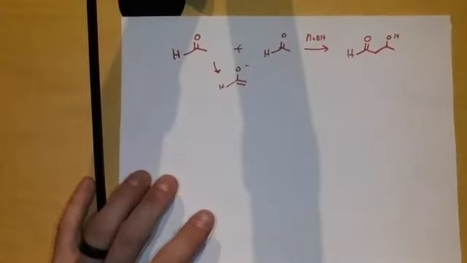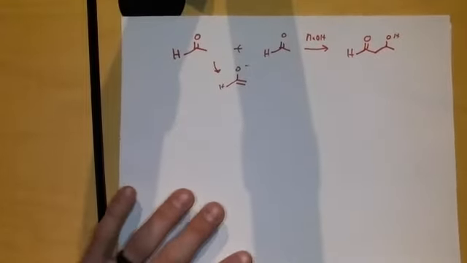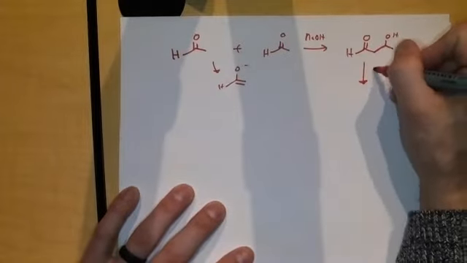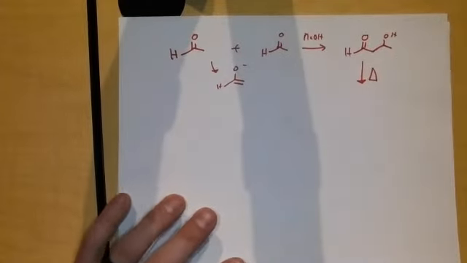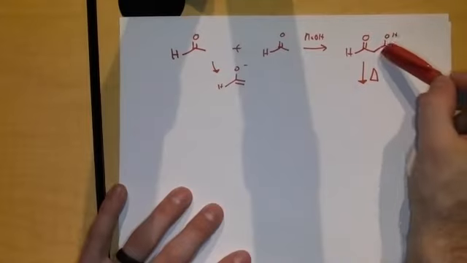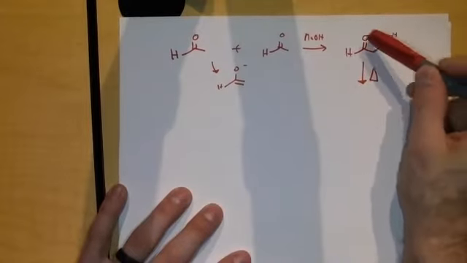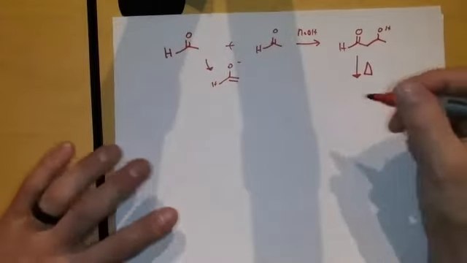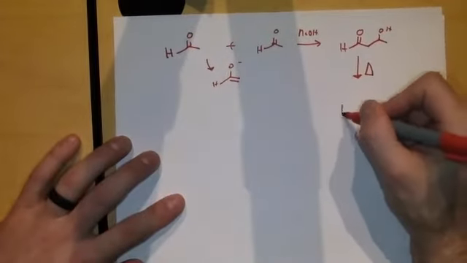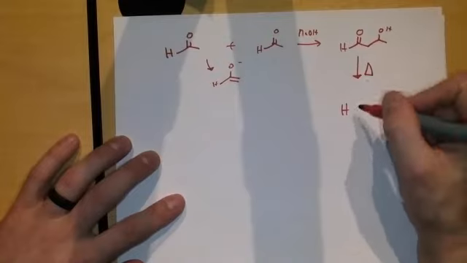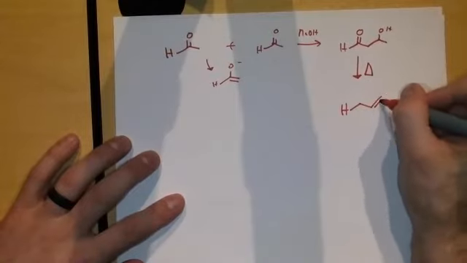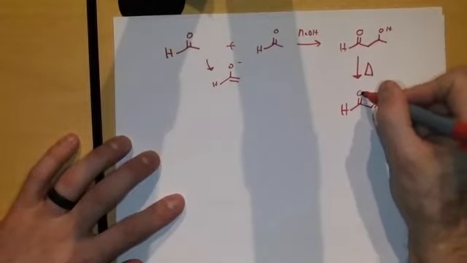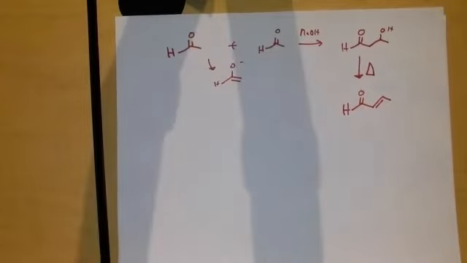And then what we can do from this point is if we add in heat, and I'll go through this mechanism in a second, we're going to do a condensation where we're going to form a double bond that is conjugated to this carbonyl here. So we're going to end up eliminating water and forming this.